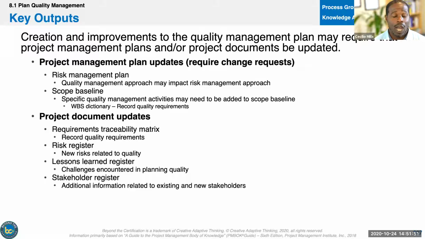All right. So the key outputs here, we want to create a quality management plan. And in order to do that, we may need to update the risk management plan. There may be a risk to the approach that we're going to take for this implementation. Maybe this company's infrastructure is right at its limits, and what we're going to put in may not give them a great experience.